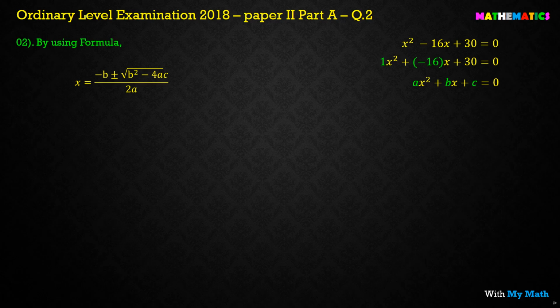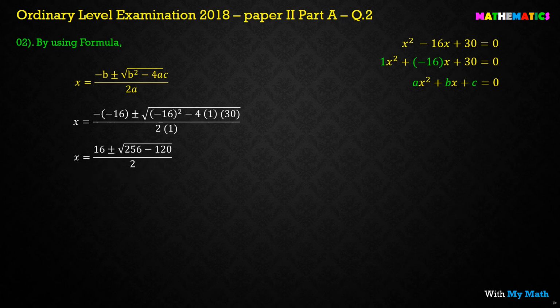So in trinomial quadratic expressions, you can see those three terms here, and I'm going to substitute those values here. So for b I have substituted minus 16, a is substituted by plus 1, and c is substituted by 30.